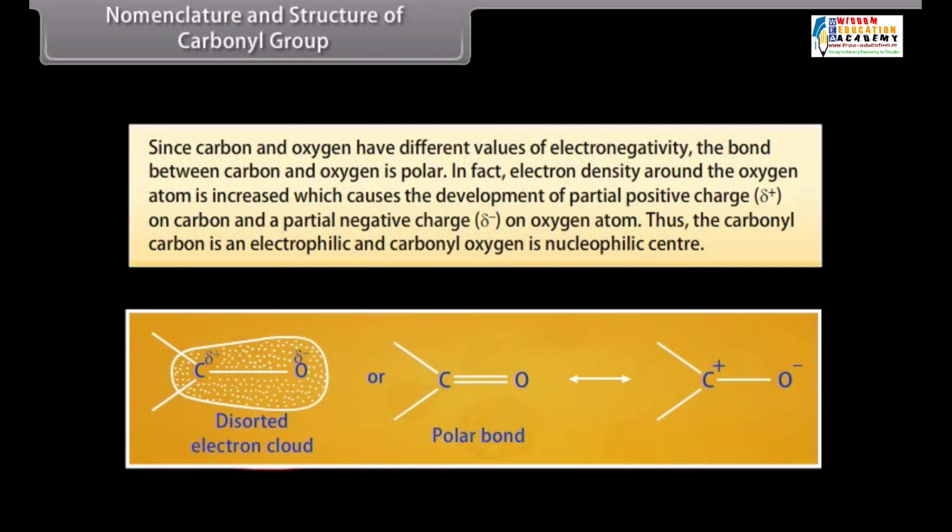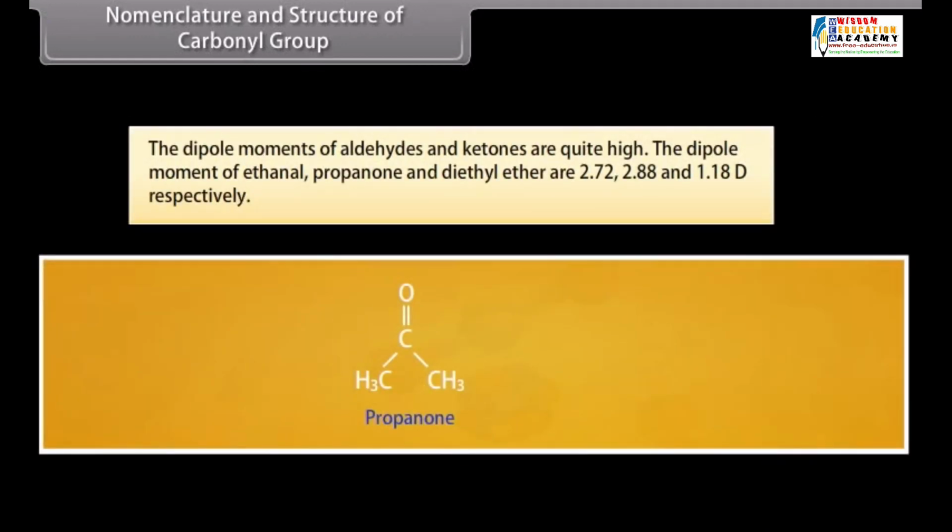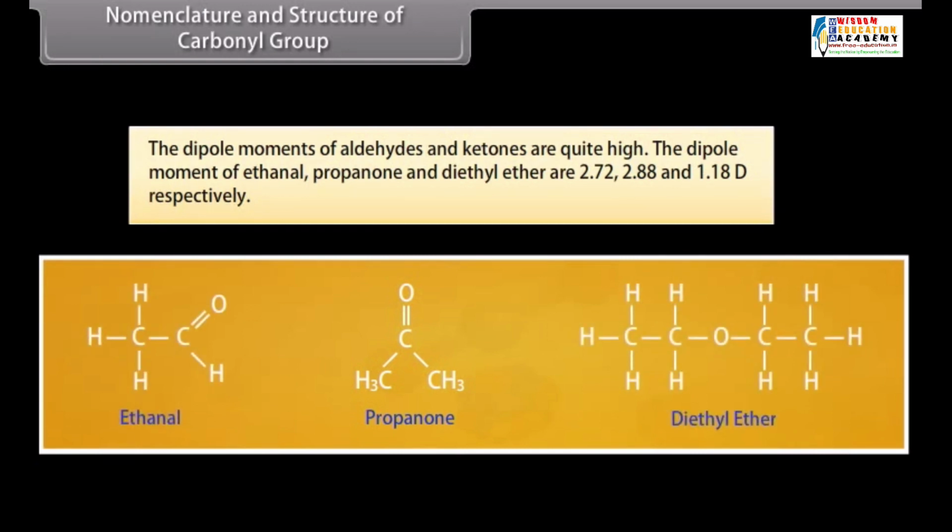Thus, the carbonyl carbon is an electrophilic and carbonyl oxygen is a nucleophilic center. The dipole moments of aldehydes and ketones are quite high. The dipole moment of ethanal, propanone and diethyl ether are 2.72, 2.88 and 1.18 debye respectively.